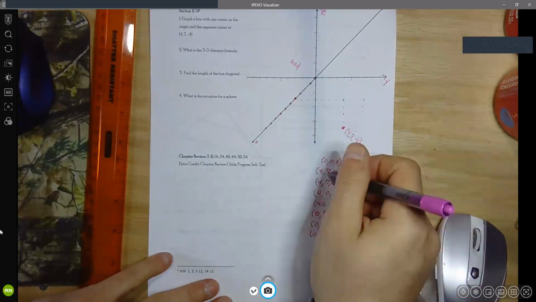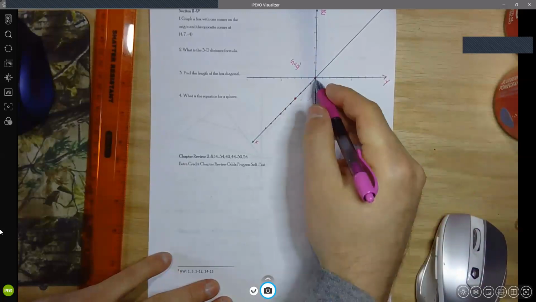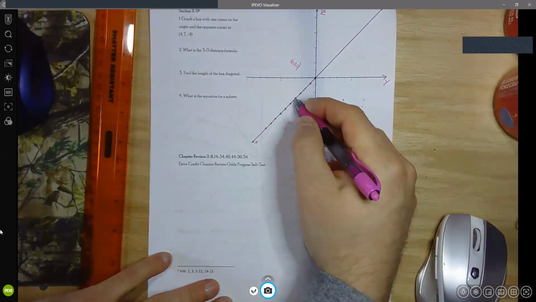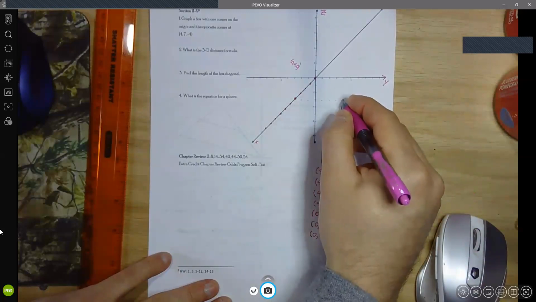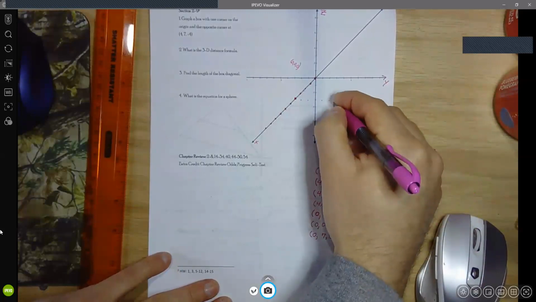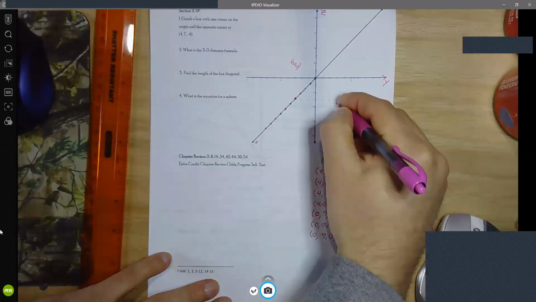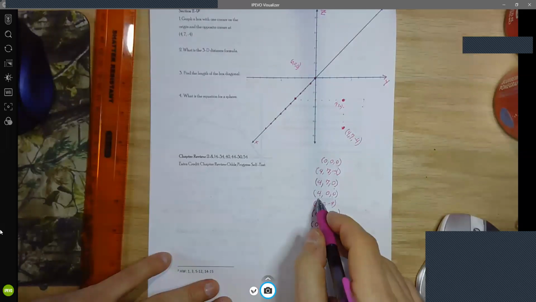So here's what it's going to look like. We already graphed 0, 0, 0 and 4, 7, -4. So now we graph 4, 7, 0: 4 in the x direction, 7 in the y. That's right here. And 0 in the z. So this point here is at 4, 7, 0. And now we have 4, 0, 0.